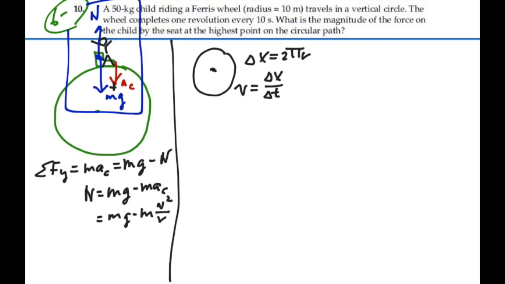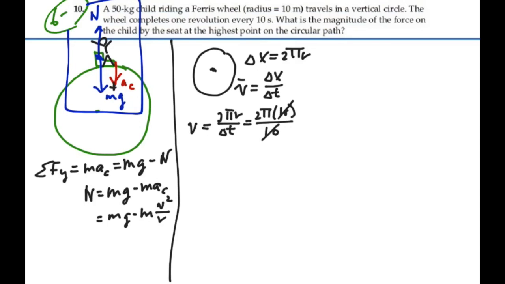It's average velocity, but that will be the same as our instantaneous velocity because the speed is not changing. So our velocity is going to equal 2 pi r over the change in time, and that's going to be 2 pi times the radius of this circle, which is 10, over 10 seconds.